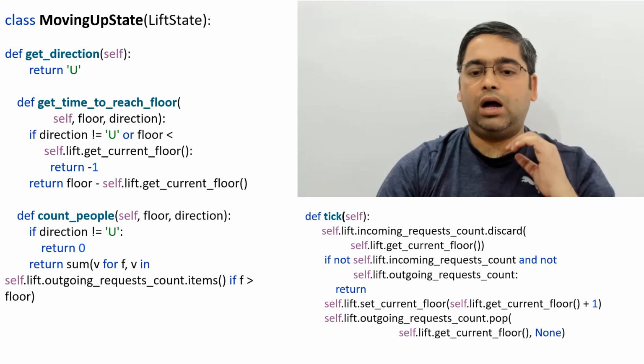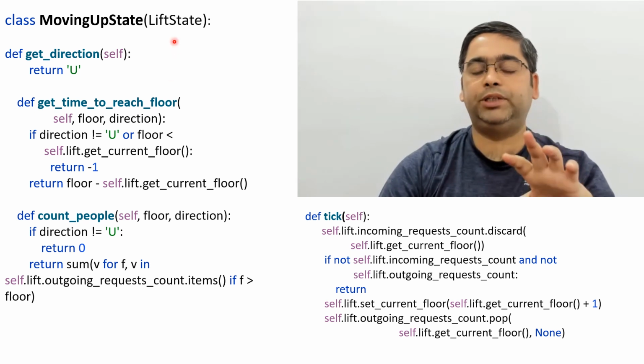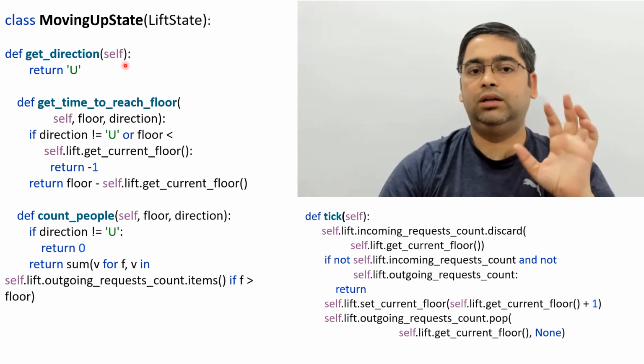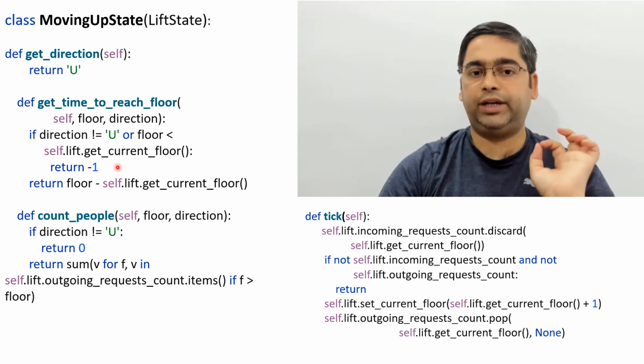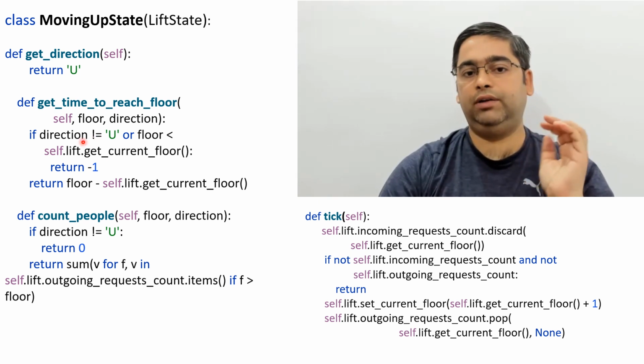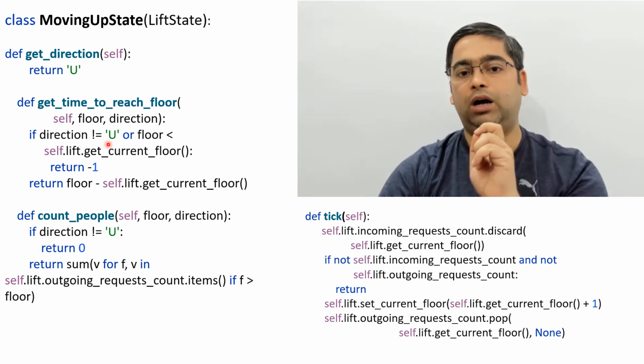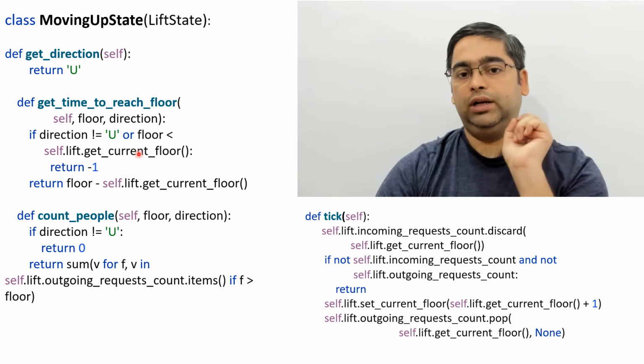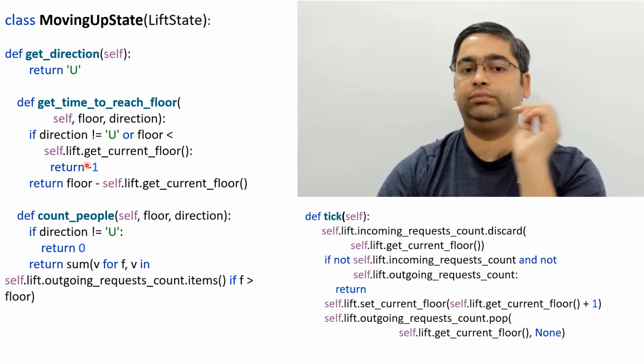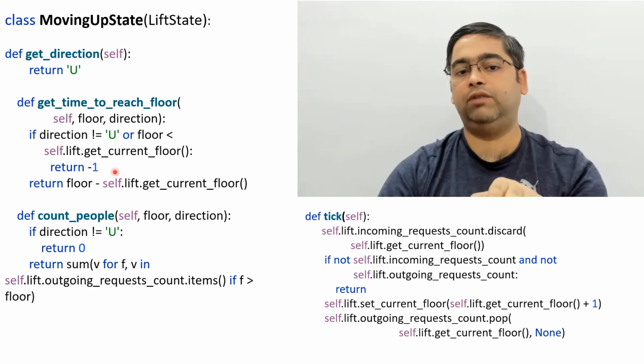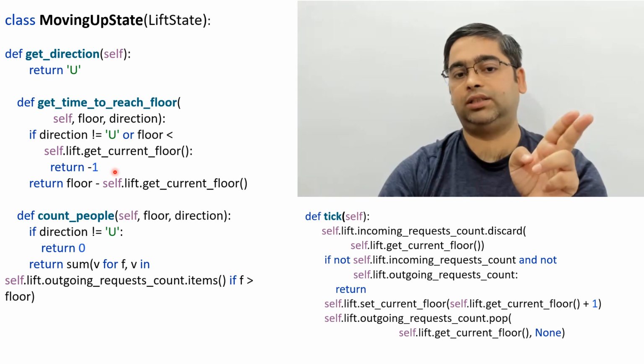Our first implementation is the moving up state, which will extend the lift state. Its direction will be up. For get time to reach floor, it will check that the direction of request should be up and the lift should not have passed that floor. In either of the cases, it will be an invalid request, -1. We already discussed that.